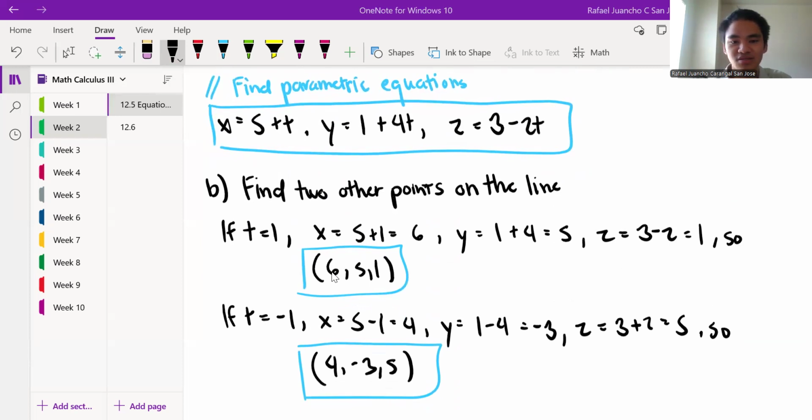So the idea is, in general, if a vector v is used to describe the direction of a line L, then a, b, and c are called direction numbers.